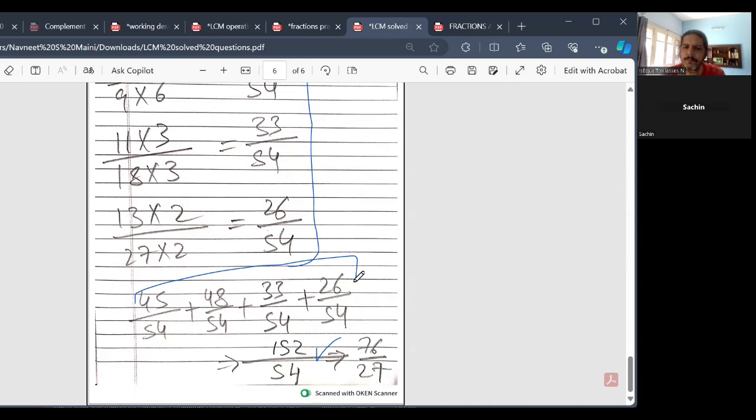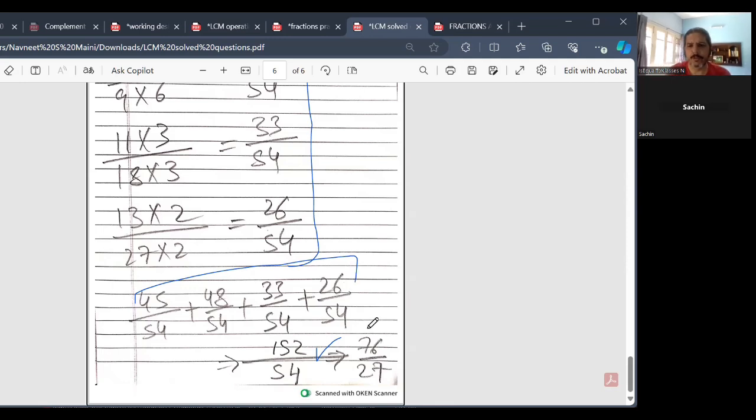I got 2 2 by 6, but I did get 152 by 108. You might have done some mistake. What you can do is you can send me a photograph once you are free. So I'll have a look. I got 152 by 54, but then when I made it into the mixed fraction, I got 2 2 by 6.